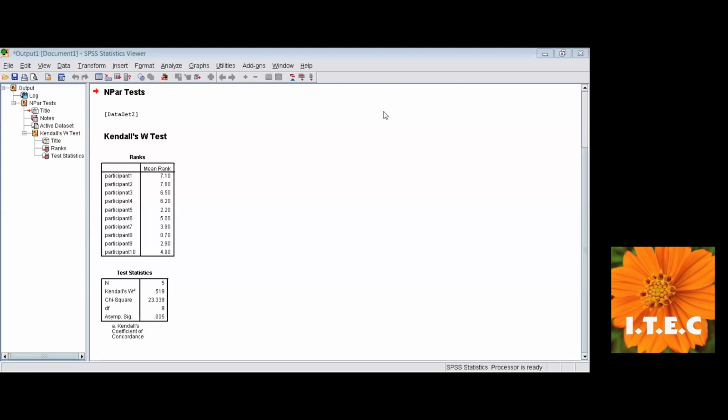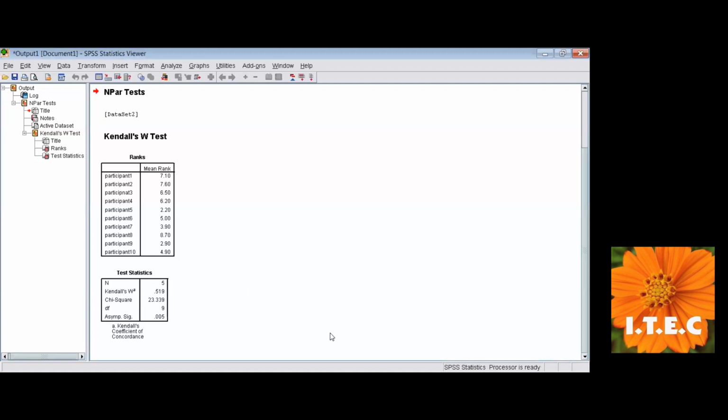Okay, so if these are the ranks, and this is my Kendall's W, let us see, I will make the table. And I have the 10 participants.